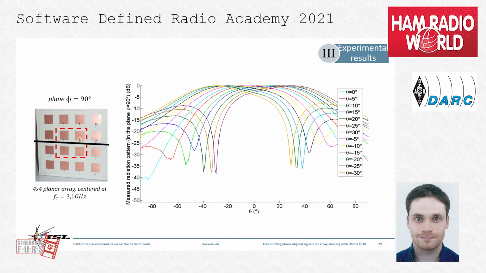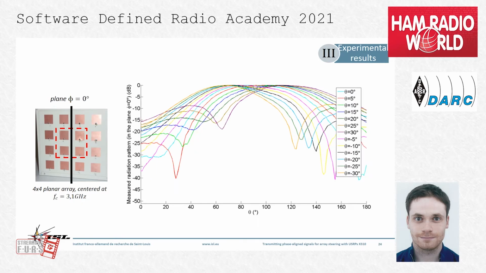The last two measurements use the 2x2 planar array configuration. Radiation patterns are measured in two orthogonal planes to assess the system capability to steer the array lobe in two dimensions, and this one is referred to as phi equals 90 degrees. The main lobe is bigger here than for the ULAs, which is normal since we only use two elements per dimension, but nevertheless the main lobe can still be steered towards the direction set by the user, as in the previous measurements.